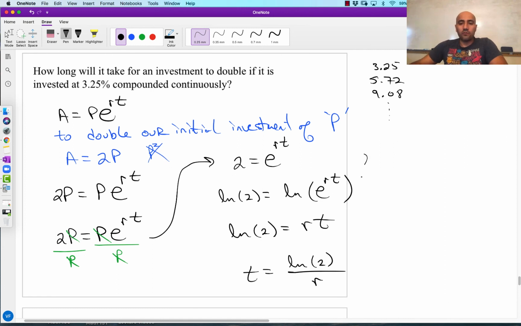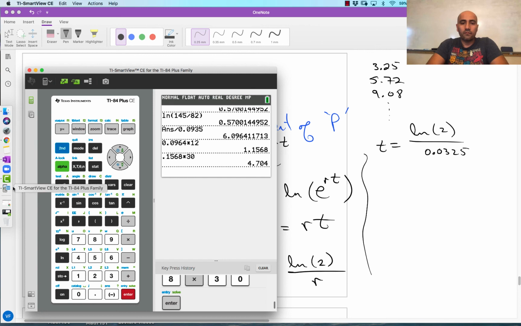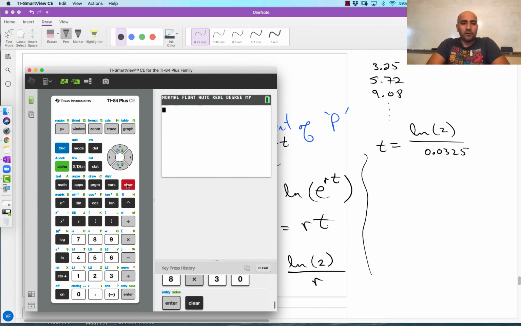Okay, so armed with that, now we can find the answer. t equals ln of 2 divided by r, which is 0.0325. Okay, so now we can get our calculator. Clear.